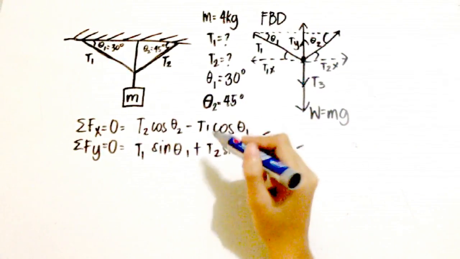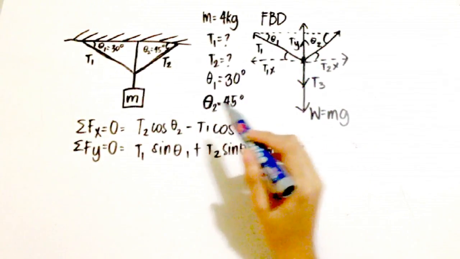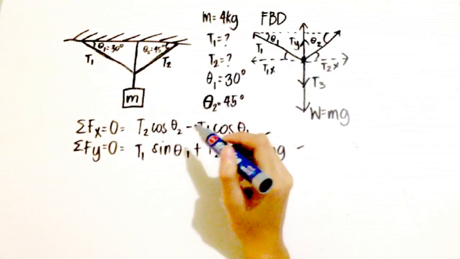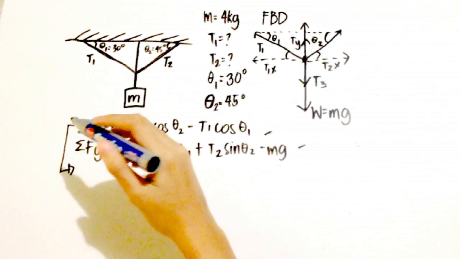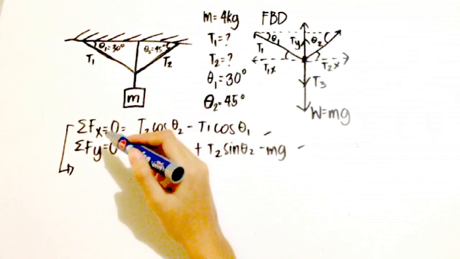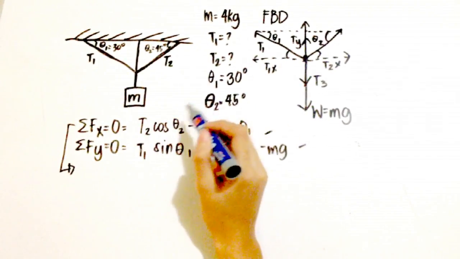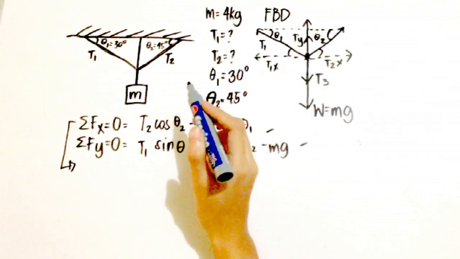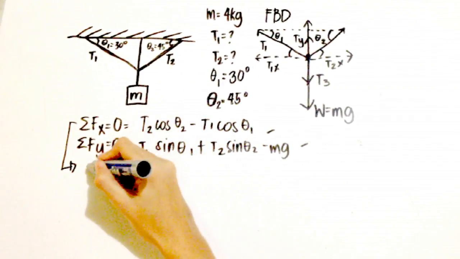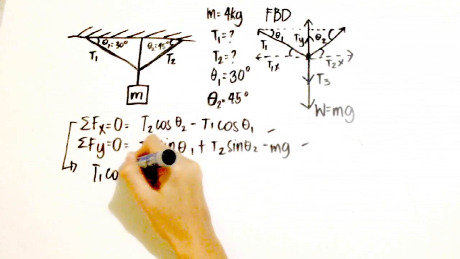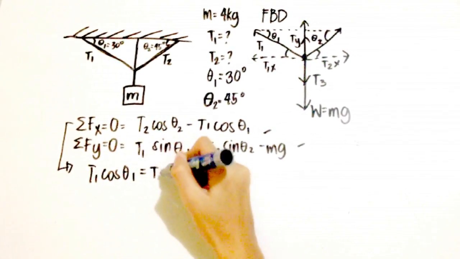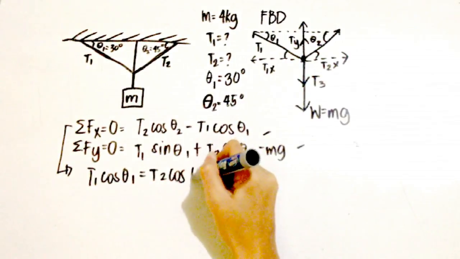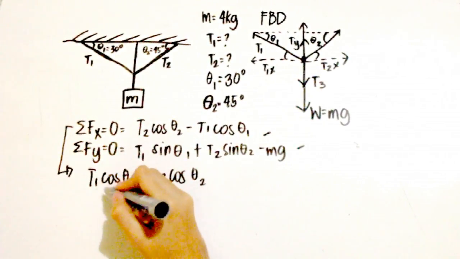So let's go ahead now on solving the first equation. So for us to get the tension 1, let's move this one on the side and eliminate 0. So we can have the answer on tension 1. So t1 times cosine theta 1 is equal to t2 cosine theta 2.